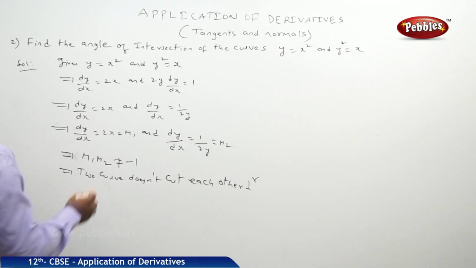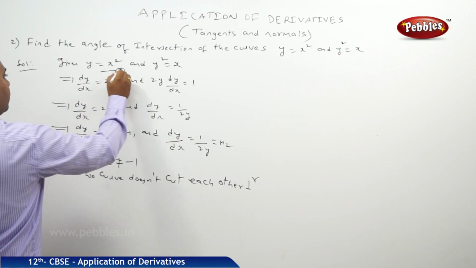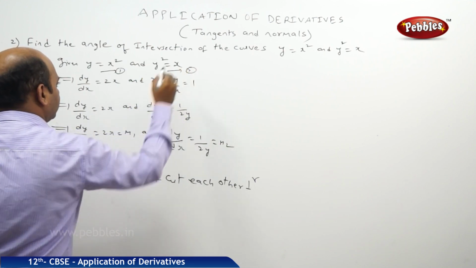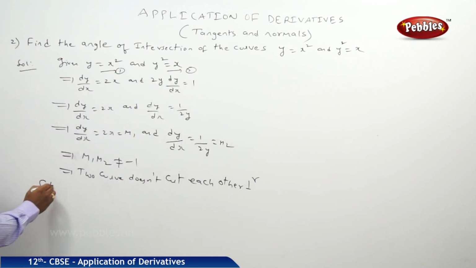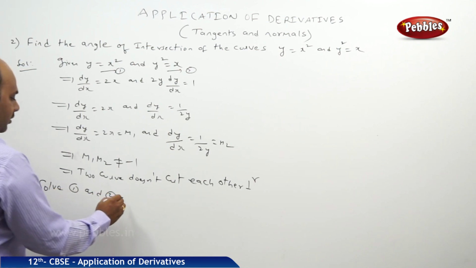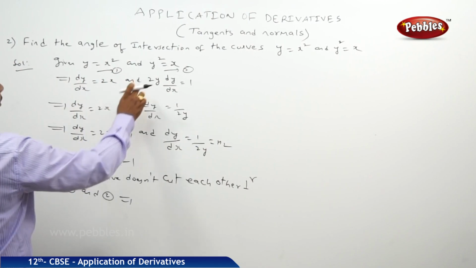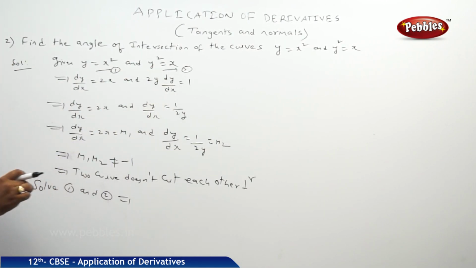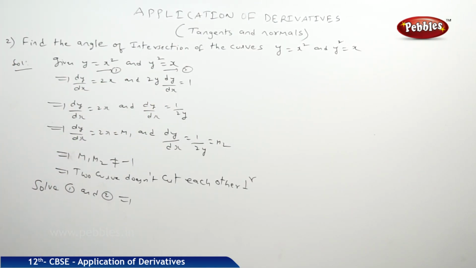So for this, I want to solve curves 1 and 2. Solving 1 and 2, what happens? Here y is equal to x square and here y square is equal to x. So we should be very, very careful.